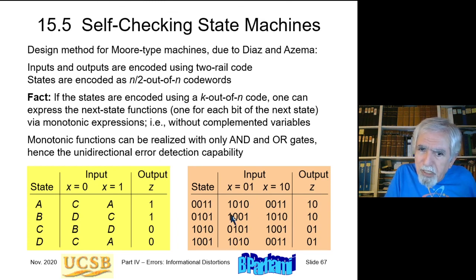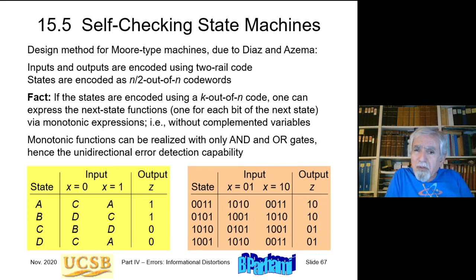These are the excitation circuits or next state circuits. All of these can be implemented via monotonic expressions, meaning without complemented variables. In other words, we use only AND and OR gates in implementing the next state functions.